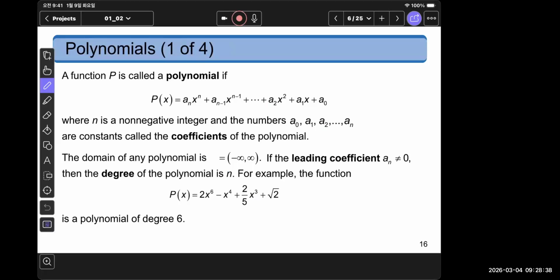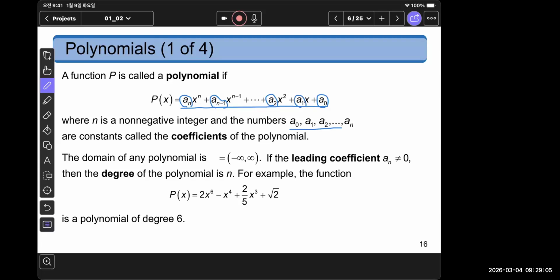But sometimes your function may be defined in this form. Here, a sub n, a sub n minus 1, a2, a1, a naught are some numbers. And I have x to the n, x to the n minus 1, these powers of x appear.